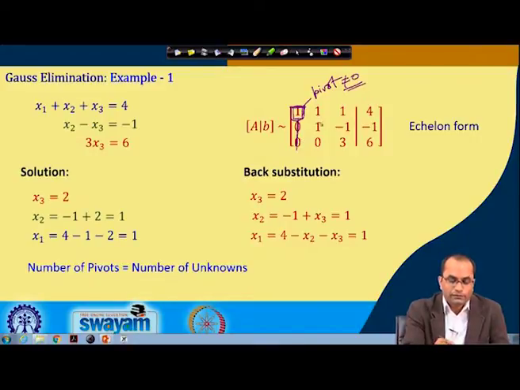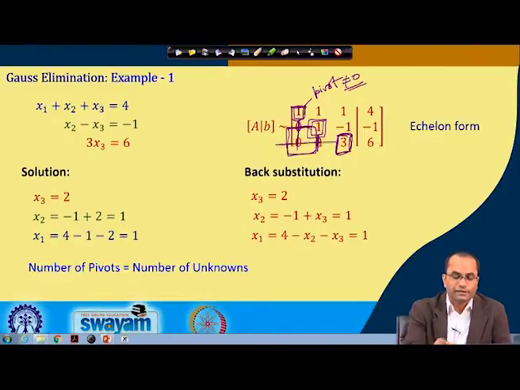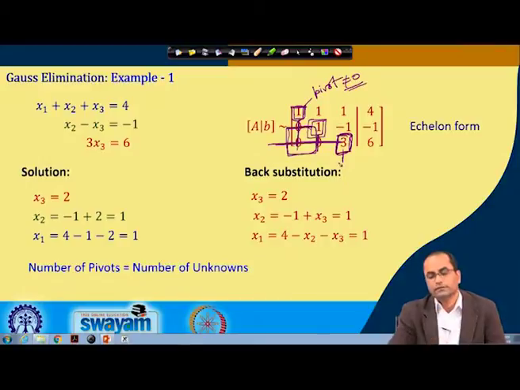Now, when we come to the next row or next column, this number is again a pivot, because everything below it is 0 and to the left is also 0, and also in this submatrix everything is 0. Going to the next, this is also a pivot element, because this is non-zero and everything to the left is 0, and there is nothing below because the matrix was 3 by 3.